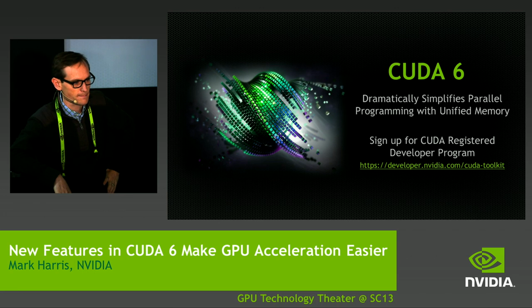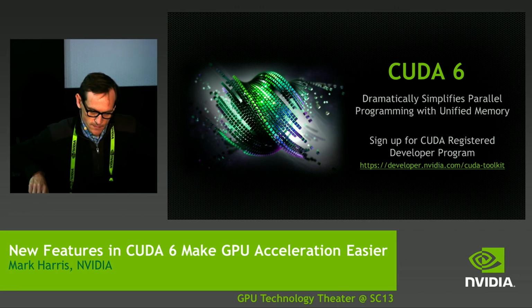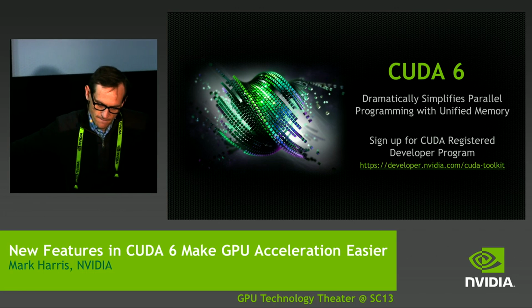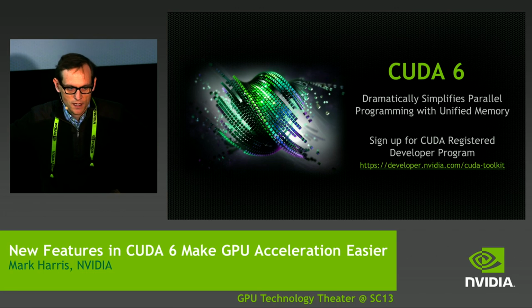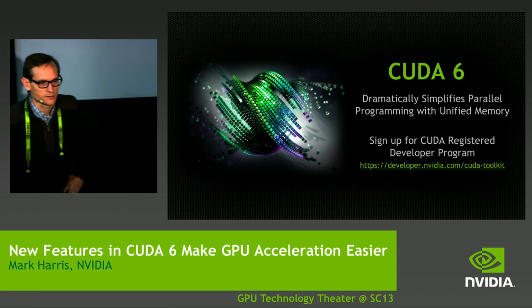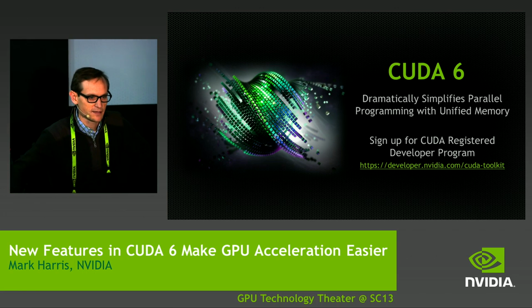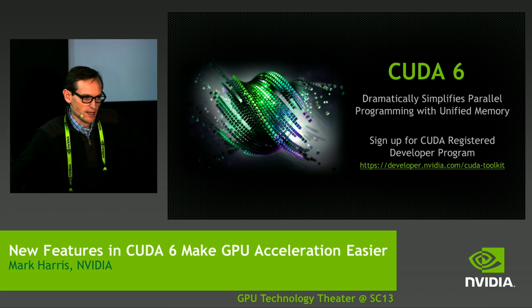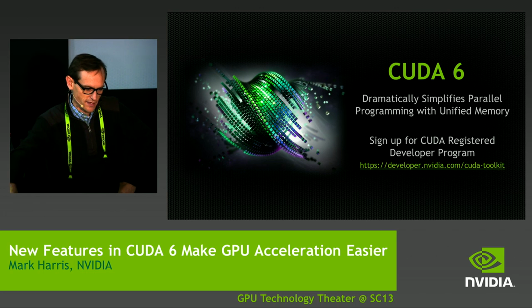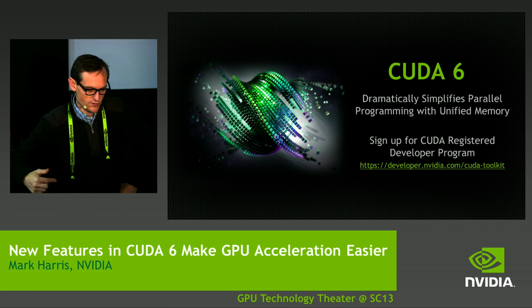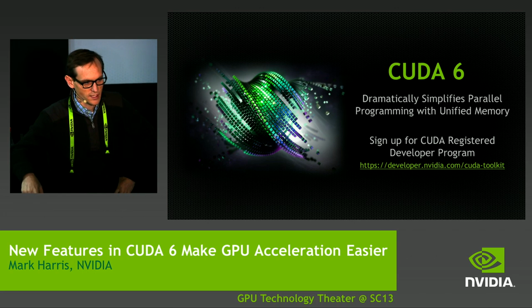Any other questions for Mark? Is this the right understanding, that all the memory accesses are translated into explicit memory copies by the CUDA compiler? No. When the CPU is able to page fault, when the CPU accesses data allocated with cudaMallocManaged, then individual pages will be moved when the page faults occur.